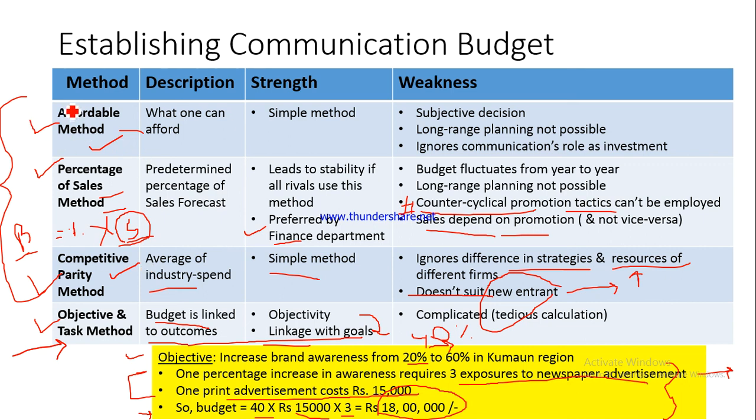Whatever we can afford, we spend, just because we do not have the resources to go for this particular method, right? So again, the same thing happens with small firms in so many places. They probably won't have the resources to do all these calculations, so they go for the affordable method, or maybe a percentage of sales method, or a competitive parity method, right? So this is how the various marketers determine their budget for the communication campaign.